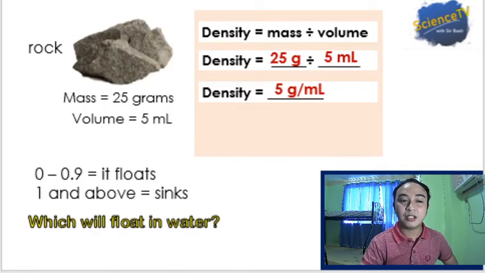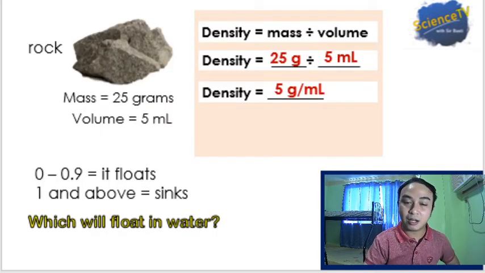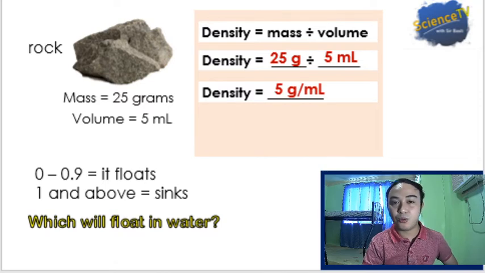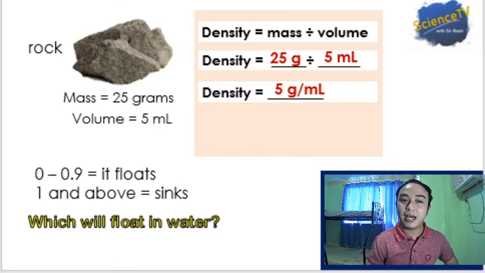So in the case of rock, 5 is greater than 1. So therefore, rock will sink. So which between the two, the styrofoam and the stone or the rock, will float? It is the styrofoam, the one that will float in water.